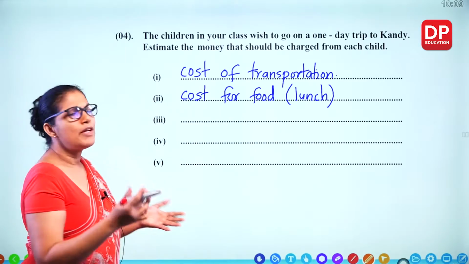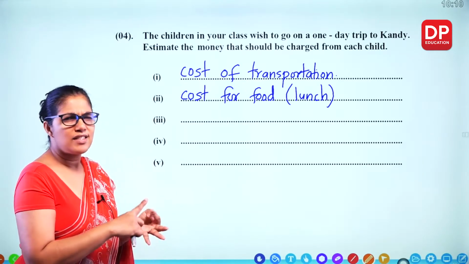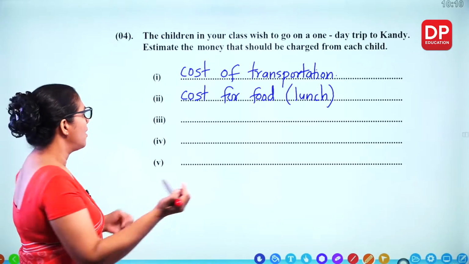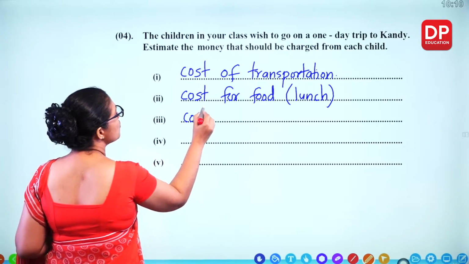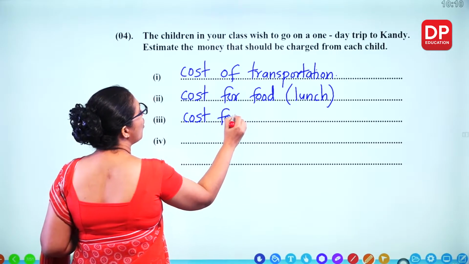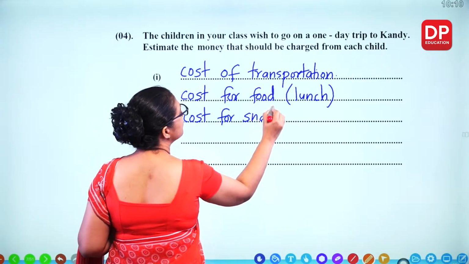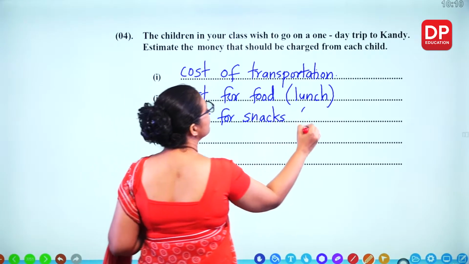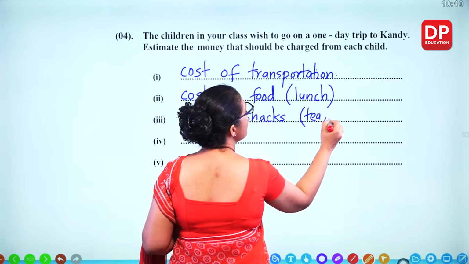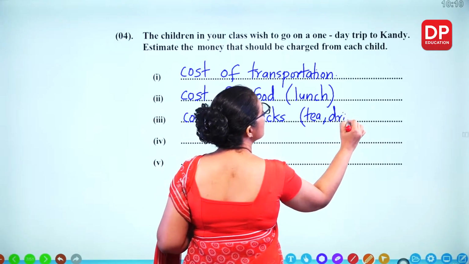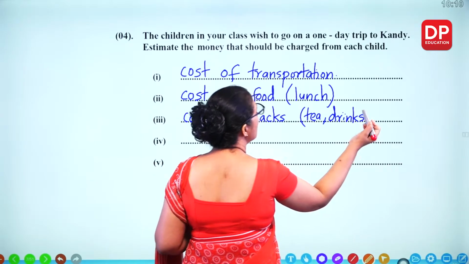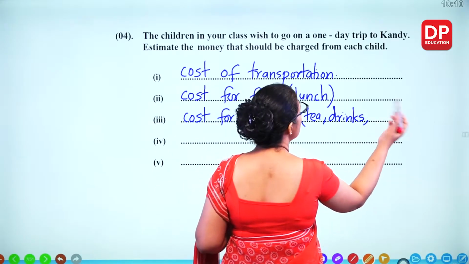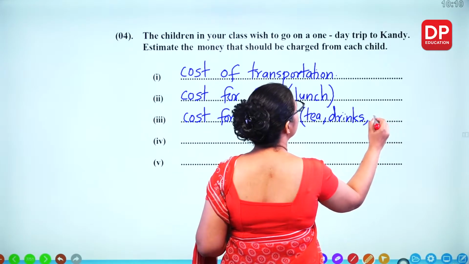Then in between you need snacks, tea or drinks. So you need that cost as well, cost for snacks, tea or drinks, anything to eat, biscuits or anything.